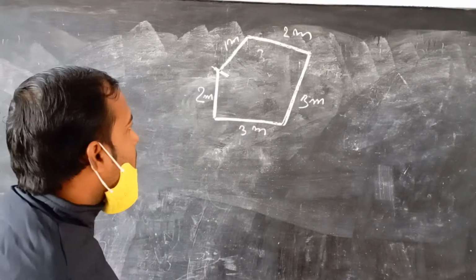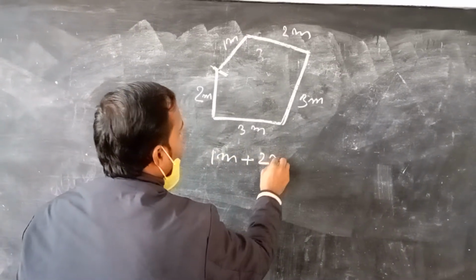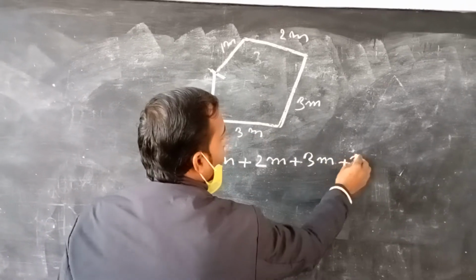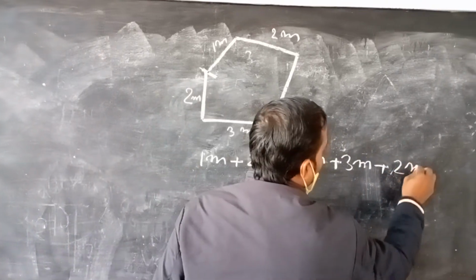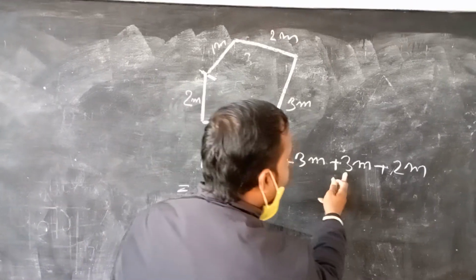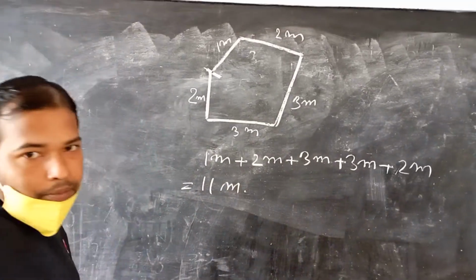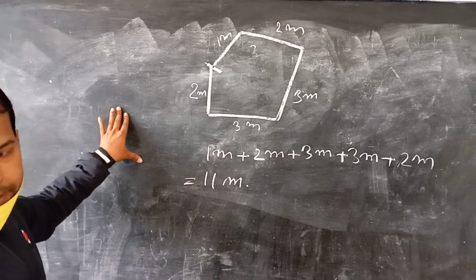Then perimeter of this figure will be 1 plus 2 plus 3 plus 3 plus 2. Add it: 1, 2, 3, 3, 6, 6, 3, 9 and 11. Perimeter of this figure will be 11 meters.